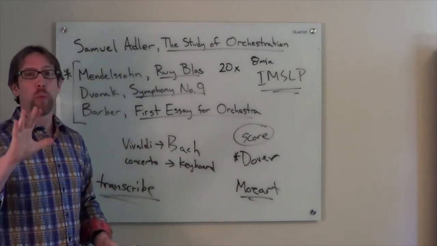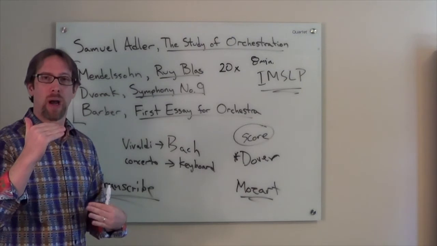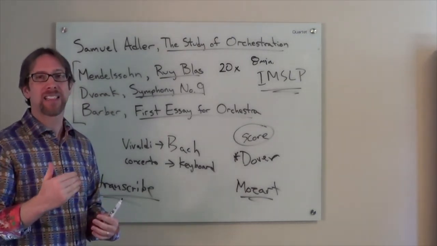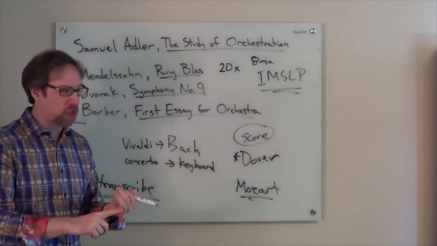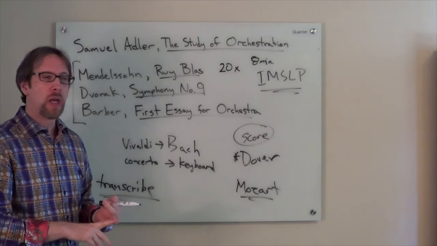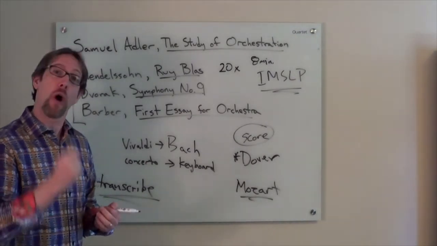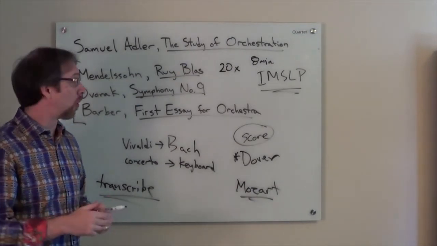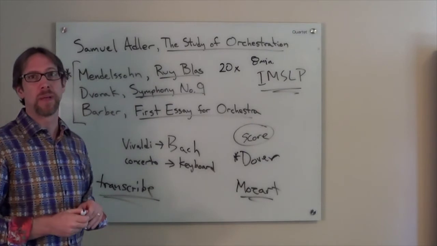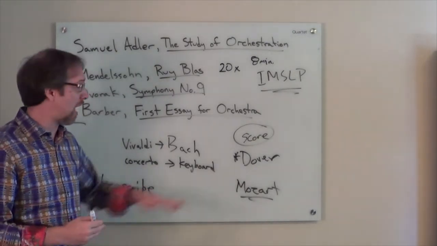So what you also have to do is gauge where you are on the learning curve. You don't want to take on a task that's so complicated that you get frustrated or you never really understand what's going on. You want to pick something that's a challenge, but that's attainable with hard work. And that's your goal. So that might mean you want to start with a fairly simple Mozart piece. That's fine, as long as it's giving you something new to learn.